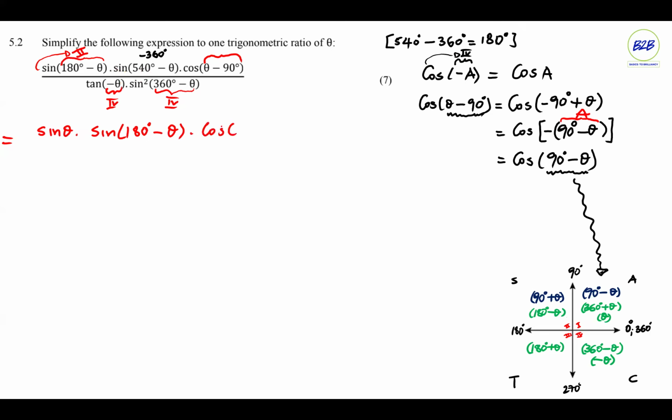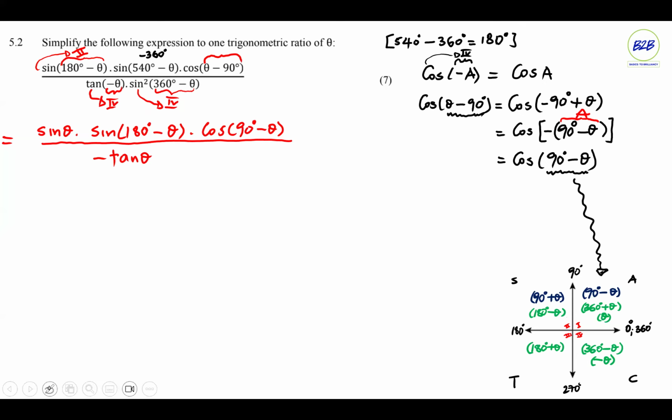Cos, then we know how to change this theta minus 90 degrees into 90 degrees minus theta. We have demonstrated how we got there. It's no longer a confusion anymore. And then tan in the fourth quadrant is negative. And then sine in the fourth quadrant is also negative.